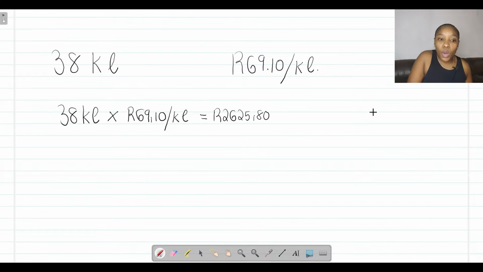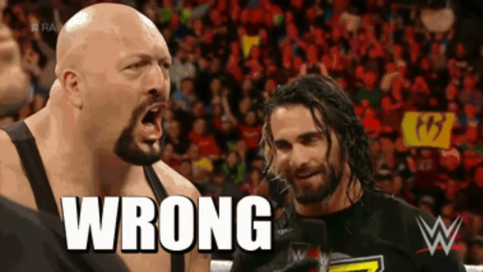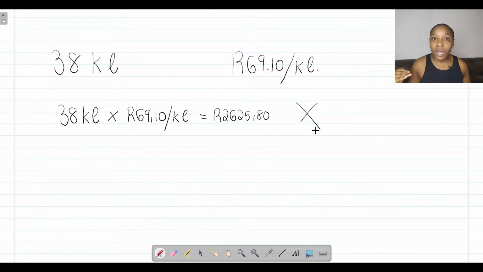And this would be incorrect, because water tariffs are not calculated using a flat rate. The tariff is not fixed. The tariff changes based on how much water you consume.